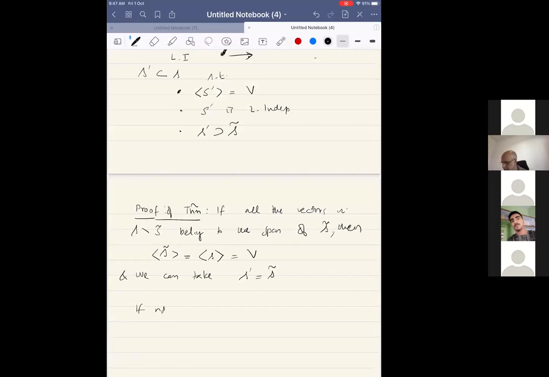If not, there exists a V tilde 1 which belongs to S minus the span of S tilde. Then S tilde union V tilde 1 is linearly independent.